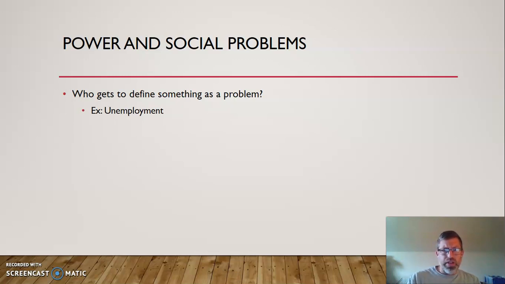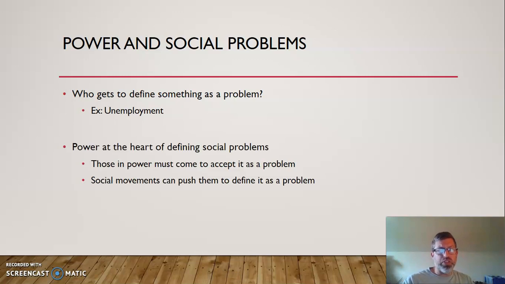Now, one of the things that is really important to see is that we often don't think about it in normal times as a social problem. And there's a real question of why. Why don't we think about those moments in a quote-unquote good economy when 3% of the people are looking for work? Why don't we define that as a social problem? It's because there are people in positions of power who choose not to define it as a problem.